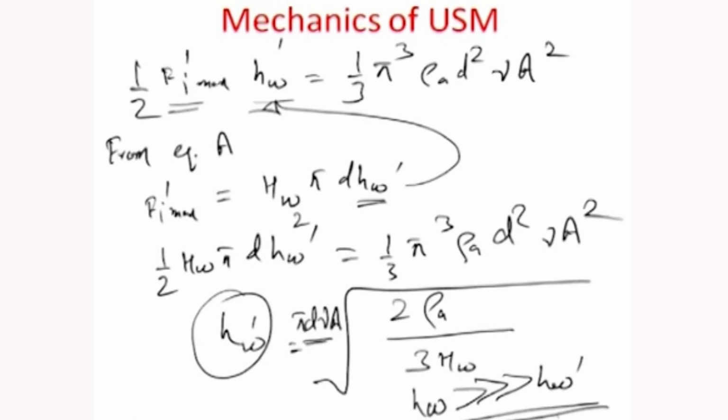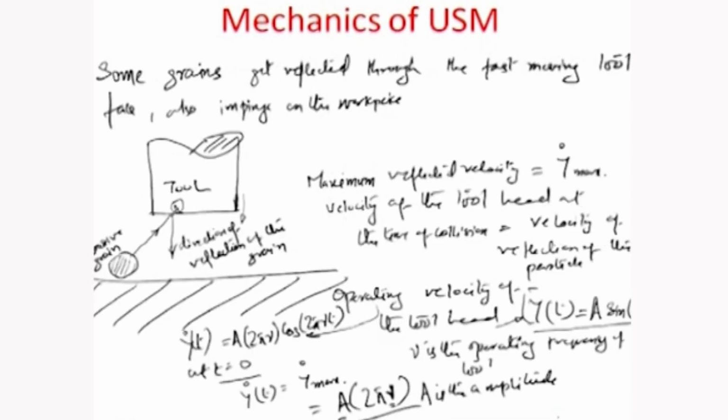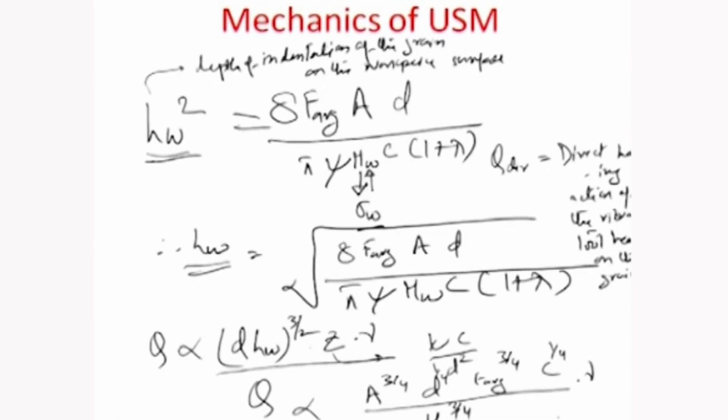Okay. You can compare both parallelly. So, if you may just recall, in the earlier case the HW dash came out to be this whole 8 force average AD by pi xi HWC 1 by 1 plus lambda.